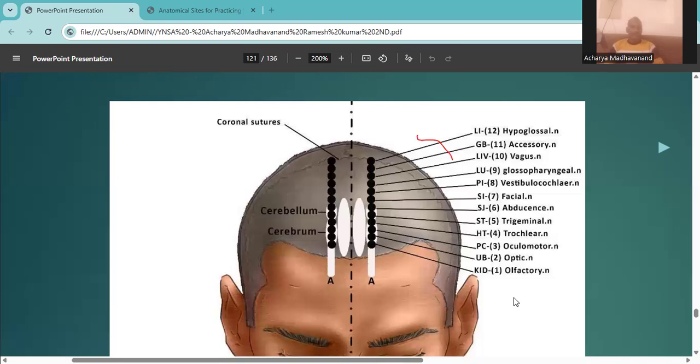There are two systems, sympathetic and parasympathetic. Parasympathetic is more important because it controls the body's movement and controls every organ. So this is a very important point.